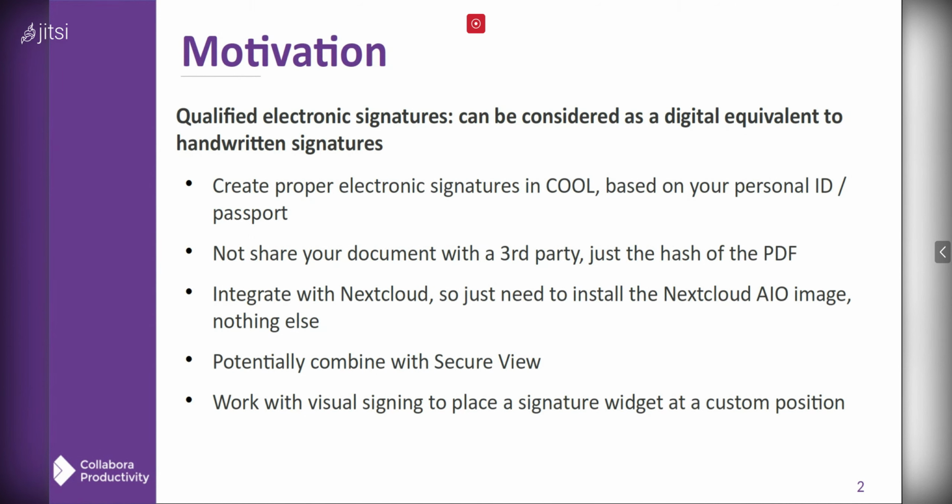So what we want is a way to create proper signatures in Collabora Online. Typically, you can integrate with something web-based, so online is a good fit if you want to do this with LibreOffice technology. We want this to bind the signature to something pre-existing, some personal ID or national passport, which connects the signature to you as a human.